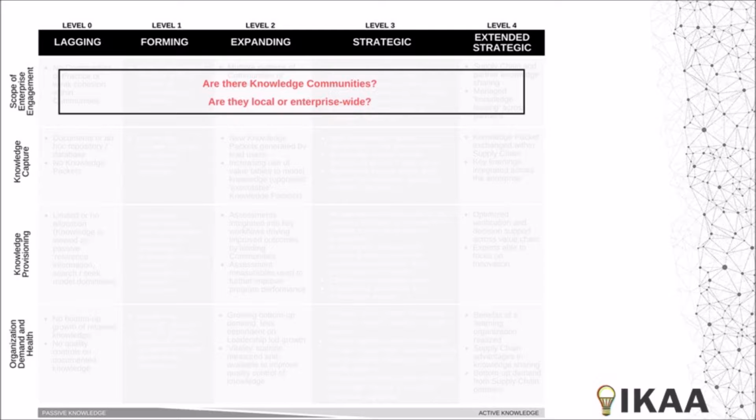So first, let's talk about the key organizational features. First, the scope of enterprise engagement addresses the presence of knowledge-aware across the enterprise. This can be assessed based on the existence of communities of practice and whether their influence is local or enterprise-wide.